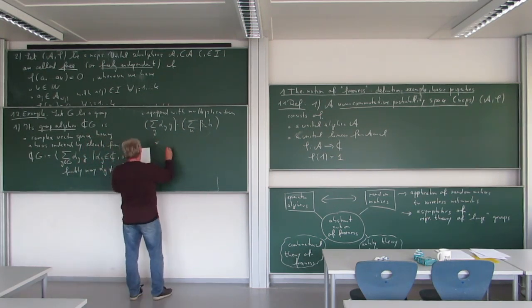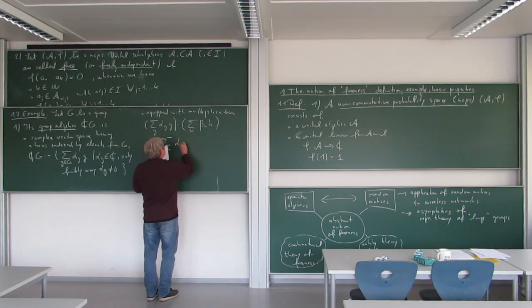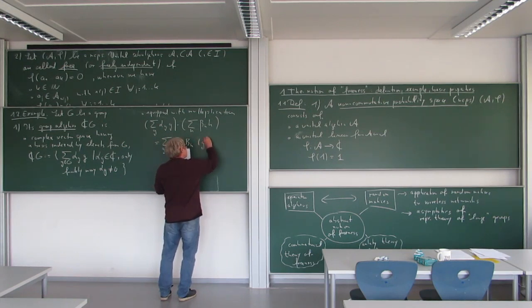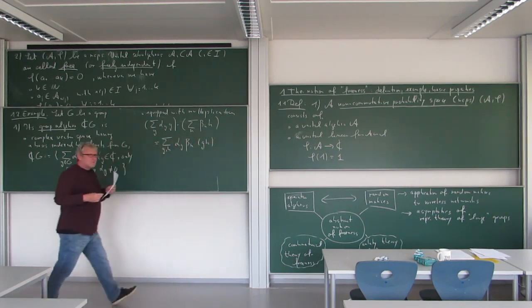So this is summing over g and h, again just linearly multiplying it out, alpha g times beta h times g times h.